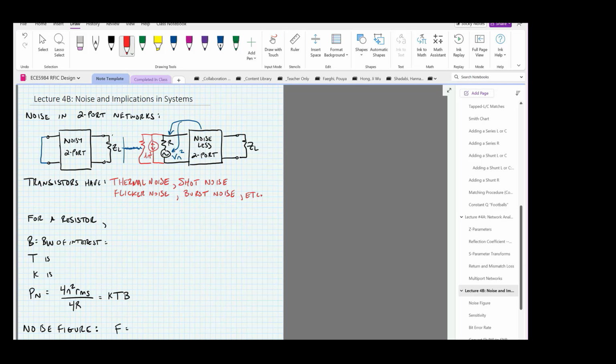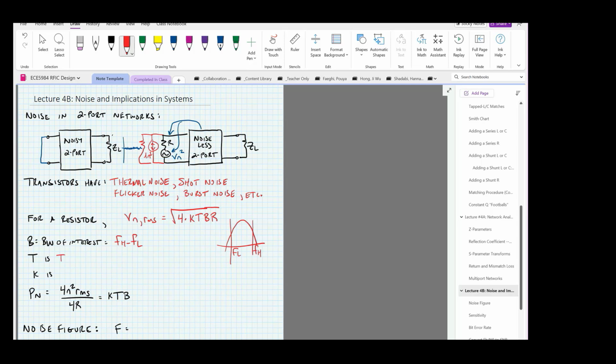For a resistor, we know that the noise, Vn RMS, is equal to the square root of 4 times K times T times B times R, where B is the bandwidth of interest. So we're generally looking at bandpass circuits. So there's some low frequency and some high frequency that we might be concerned with.